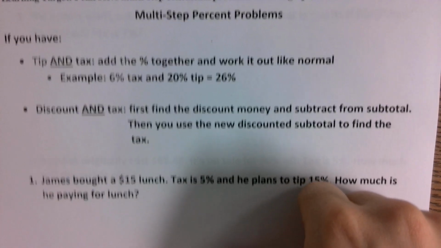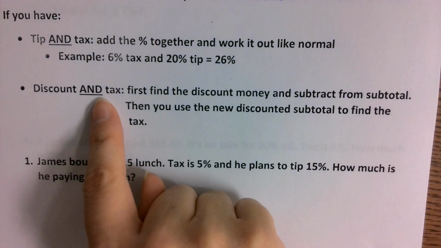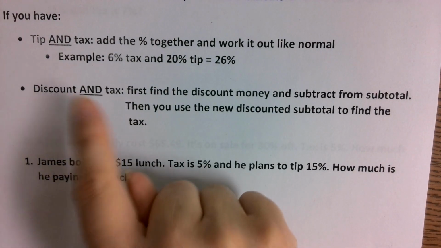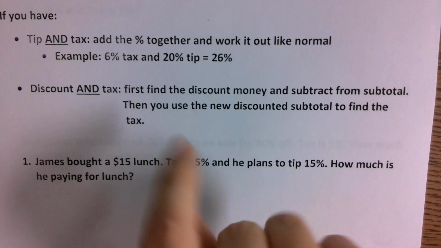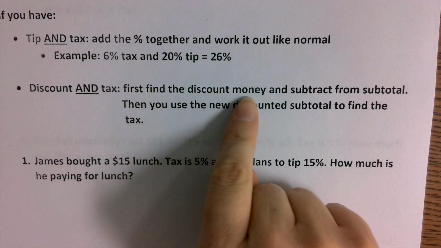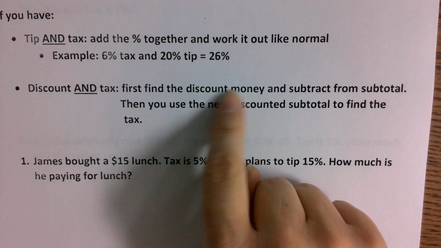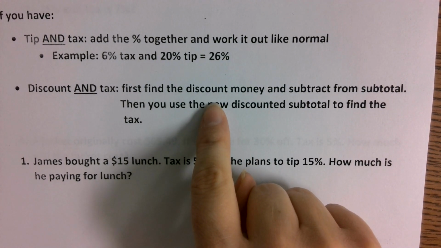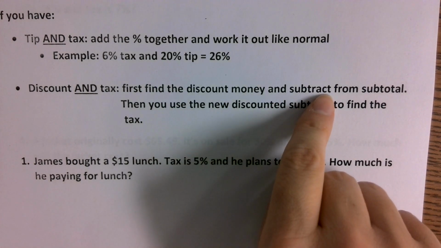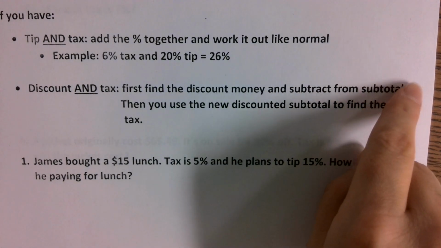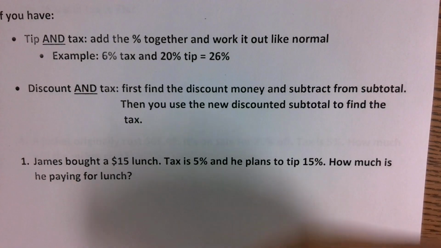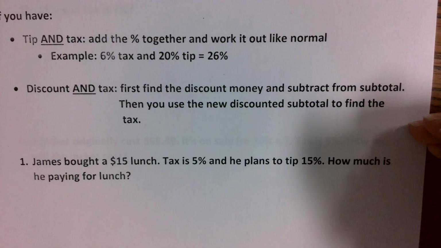Now, discount and tax is different. Discount and tax has to be done step by step. The first thing that you would do is find out what the discount is. So you would do X over the whole equals the percent for the discount over 100, find out what the discount comes out to, and then subtract that from your whole. You would then get a new value as your whole.